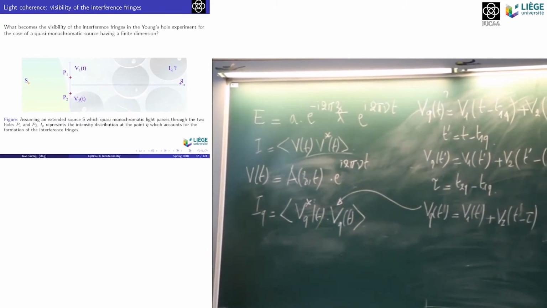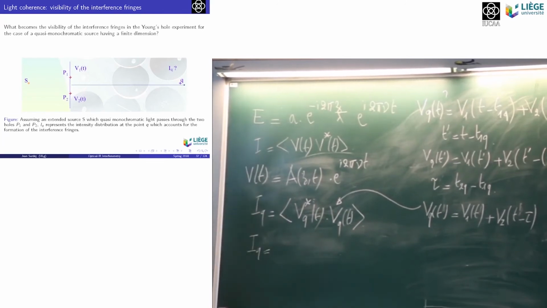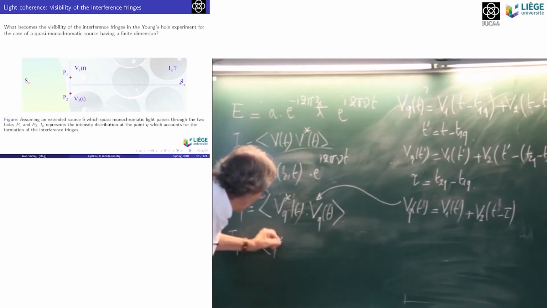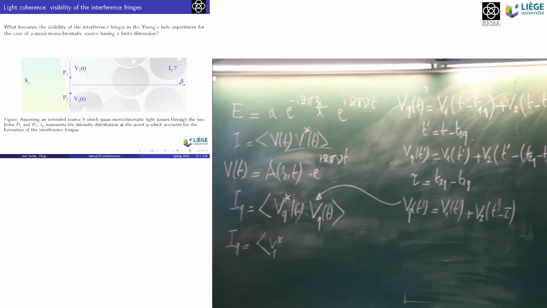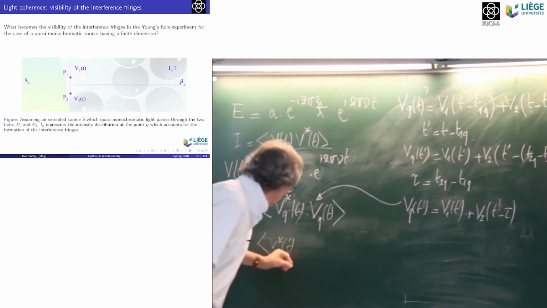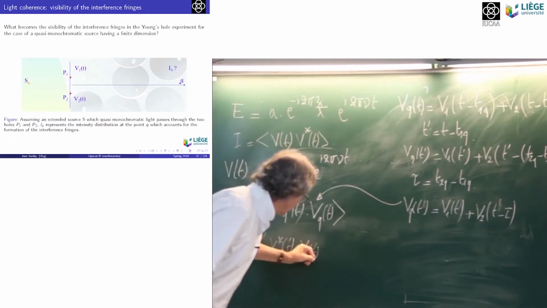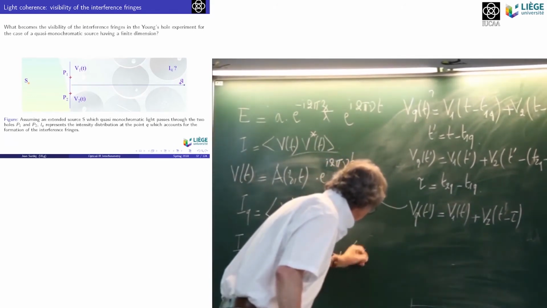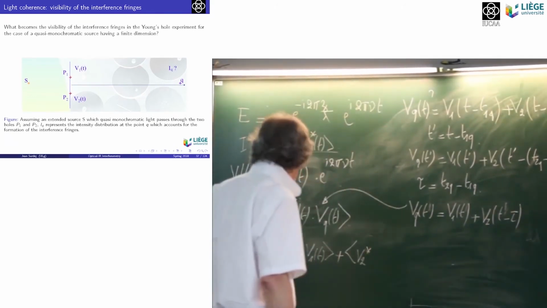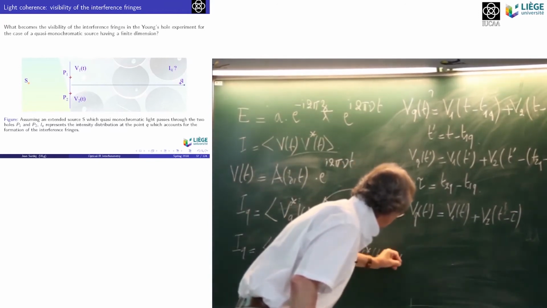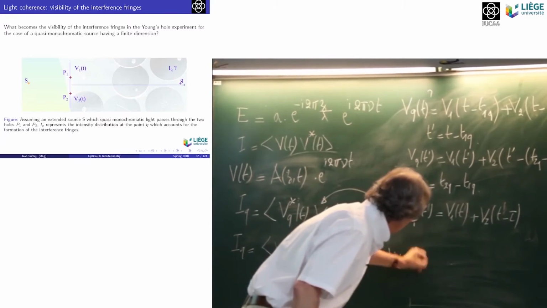So what I will get is that IQ is equal to, first of all, the time average of V1 conjugate complex times V1 of t, plus the time average of V2 conjugate times V2 of t minus tau.